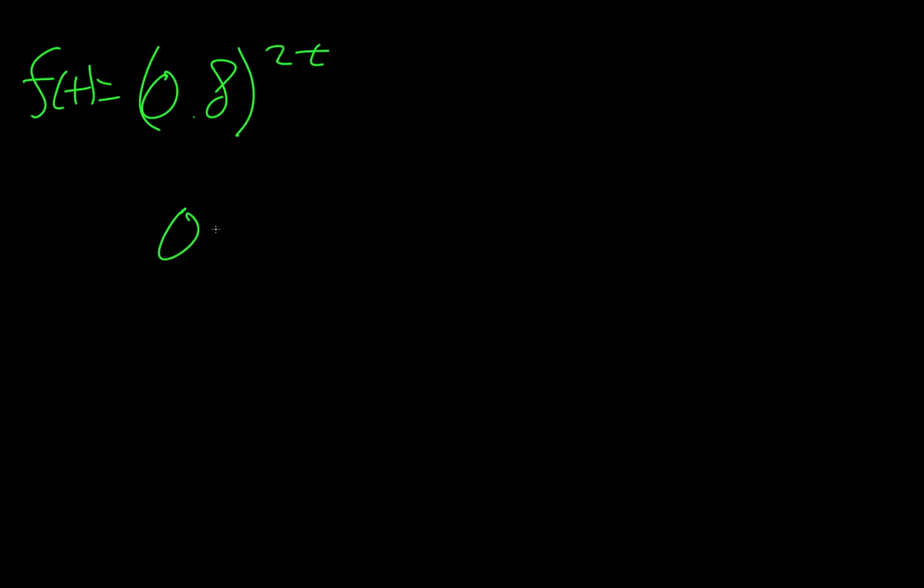Now, the reason why I've been showing you this process is because on this next one, it's going to be different. This time we have f of t is equal to 0.8 raised to the 2t. I'm still going to plug in a 1 and a 2.